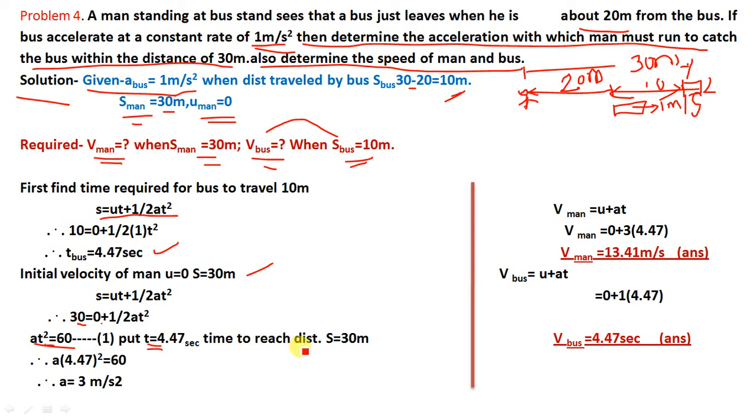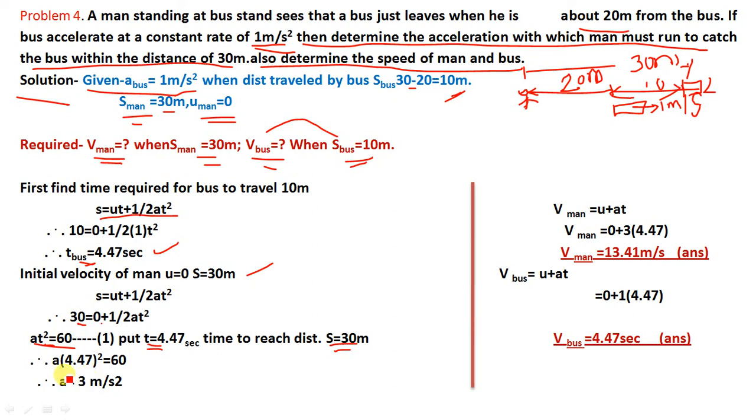This is the time required for the bus to reach the distance of 10 meter. The same time is required for the boy so he can catch the bus. Got it or not? So within this time, 4.47 second, he must run 30 meter, and then he will catch the bus when it is at 10 meter from the starting point of the bus.